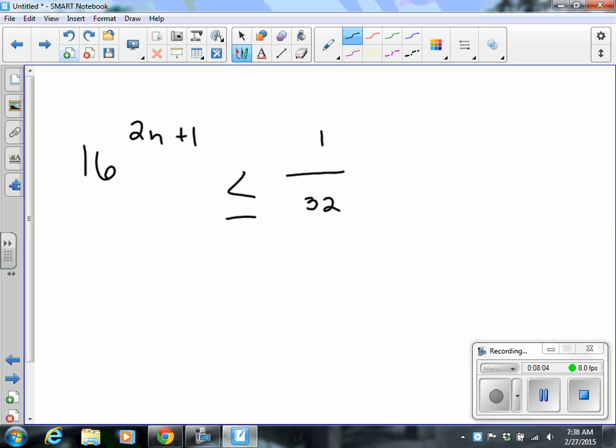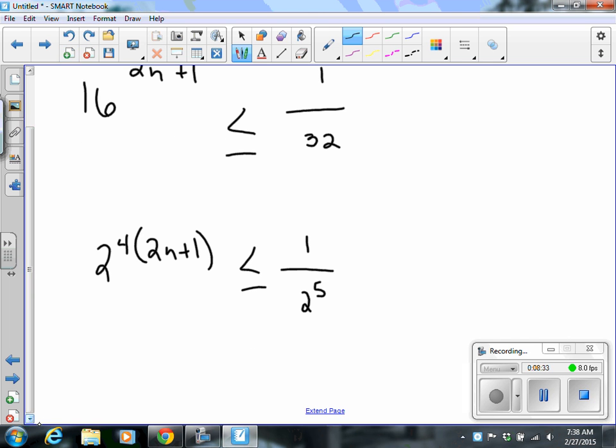Okay, so I need to get this 32 and 16 down to the same power. 16 is 2 to the 4th, and then I've got the 2n plus 1 left behind, is less than or equal to 1 over 32, which is really 1 over 2 to the 5th.